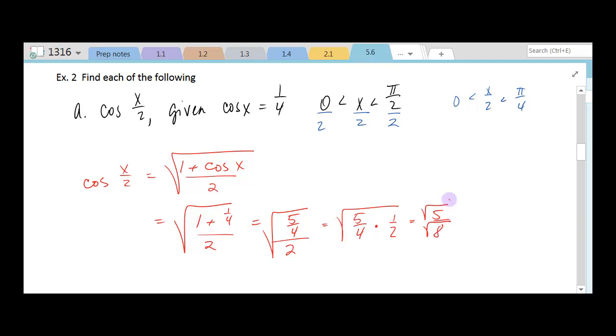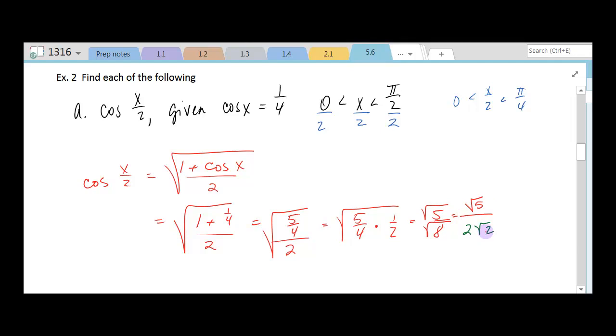Now at this point, it doesn't really matter how you simplify this. I'm going to simplify the denominator by rewriting it as 2 square roots of 2, because 2 square roots of 2 is the simplified version of square root of 8. And the numerator is still the square root of 5.